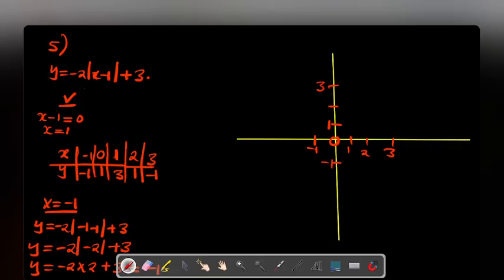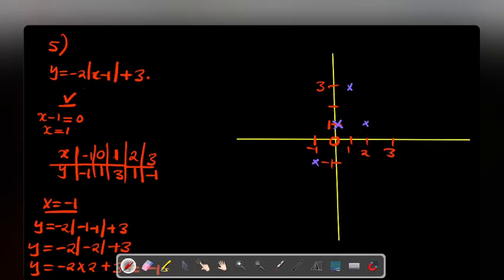So now we need to plot these points. So we have negative 1 comma negative 1, we have a point there. Then 0 comma 1, we have a point there. Okay, then we have 1 comma 3, so this is where our vertex will be. Then 2 comma 1, we have a point there.